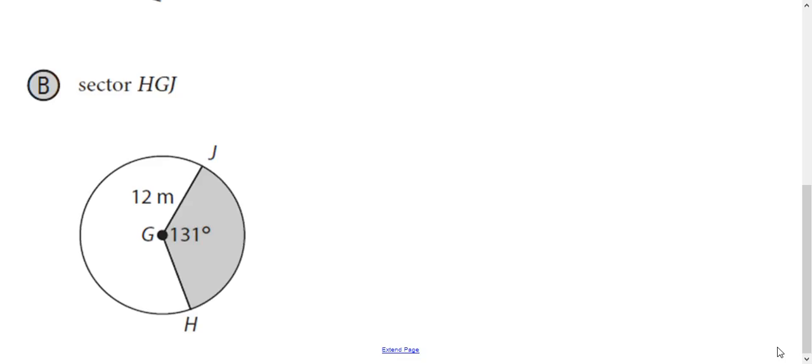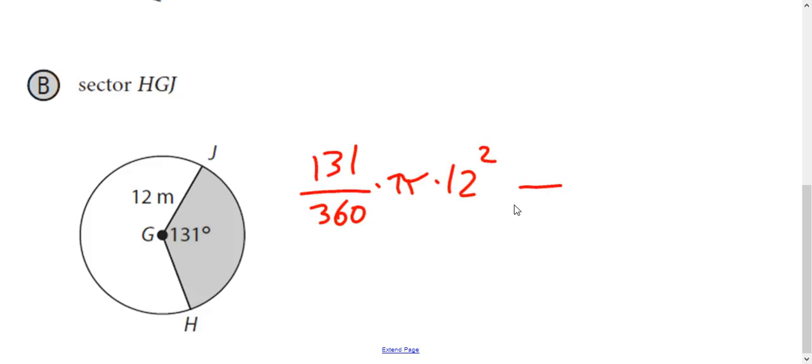Same thing for this one. How much of the circle? It's 131 degrees out of 360 total, times pi times radius squared. So you multiply 144 times 3.14 times 131, and divide by 360.